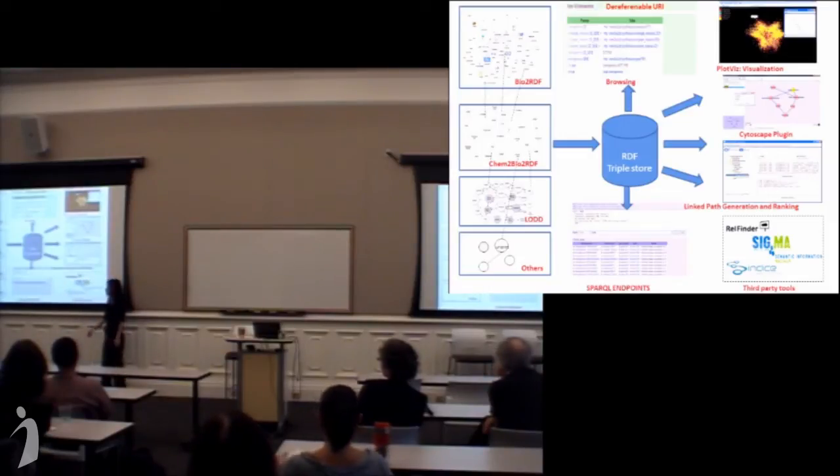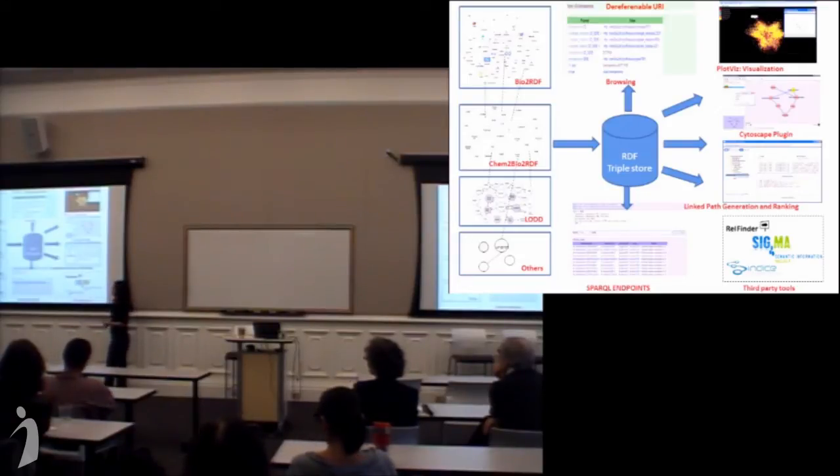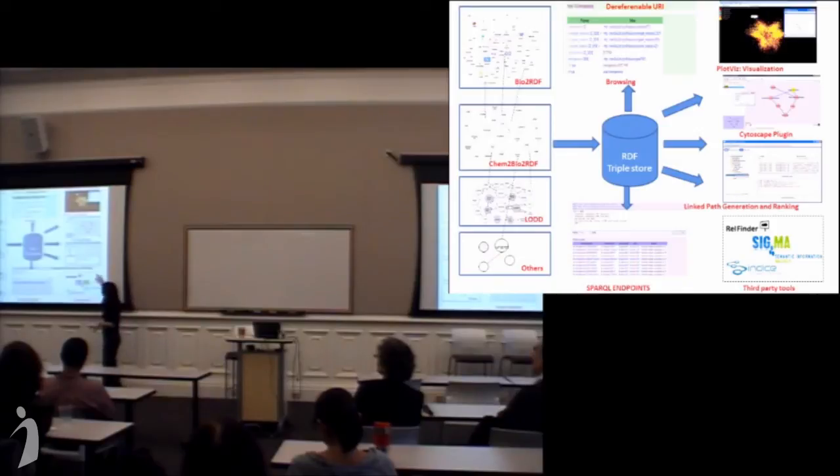We are more interested in actually providing external services. So we have some visualization tools, and we connect to Cytoscape. Cytoscape is one of the popular information visualization tools in the medical domain. We created a tool called linked path generation and ranking, because when you write a SPARQL query, you need to know the path pattern.